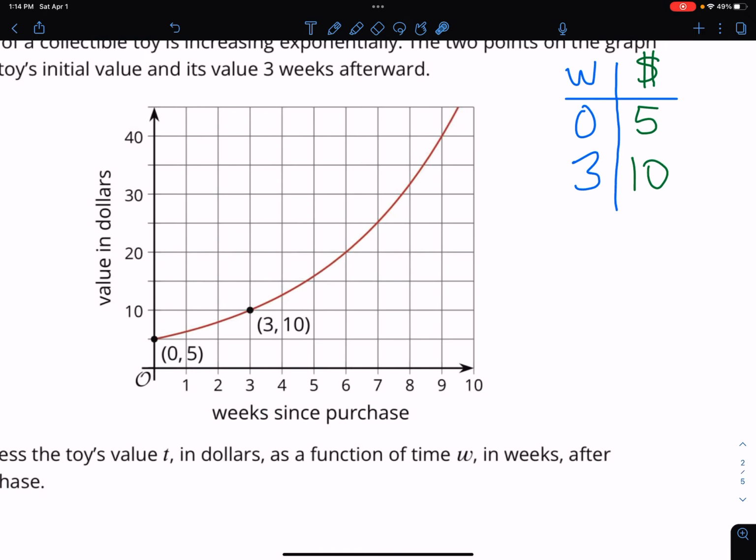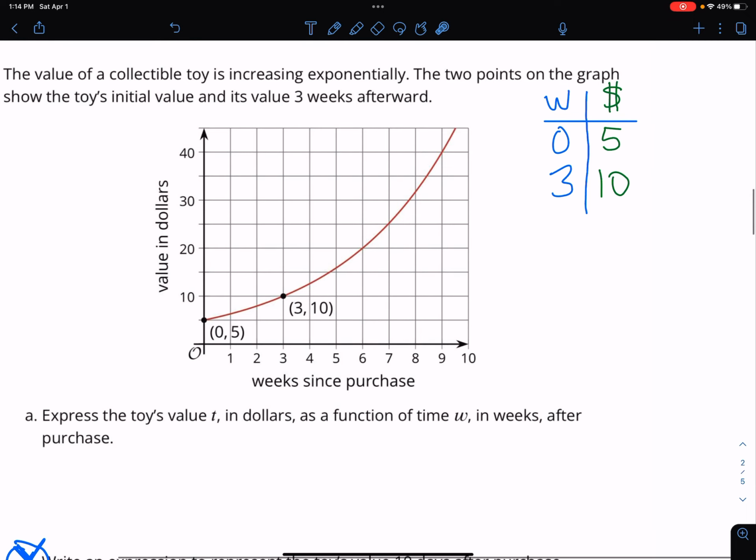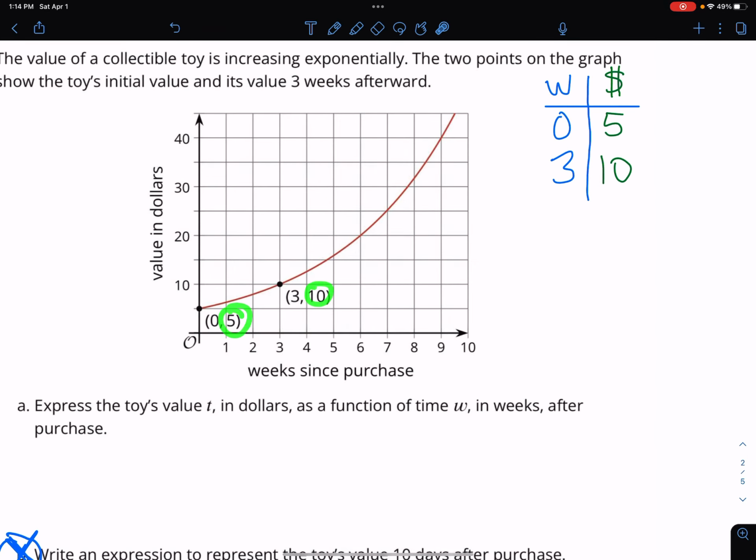Or maybe the growth rate was some fraction or something like that. We want to find out what we multiplied times 5. What number did we multiply times 5 to make it equal to 10? And the way you do that, you take 10 and divide it by 5. And that'll tell you what number you can multiply times 5 to make it 10.